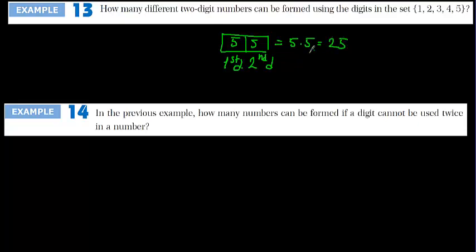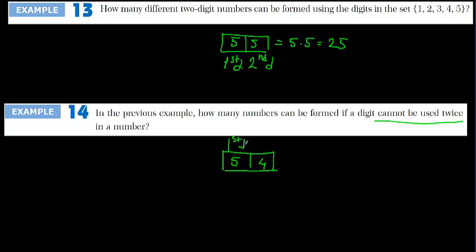In the previous example, it says how many numbers can be formed if a digit cannot be used twice. This part is important. When we cannot use a digit twice, it means that when you use one of the digits, the second time you cannot write that one. That's why you should cancel one of them. So for the first digit, you can use 5 different digits, and for the second one, at most you can use 4 because you have already used one of them.